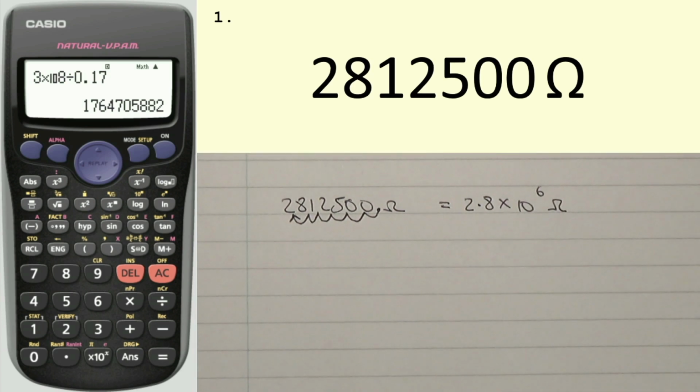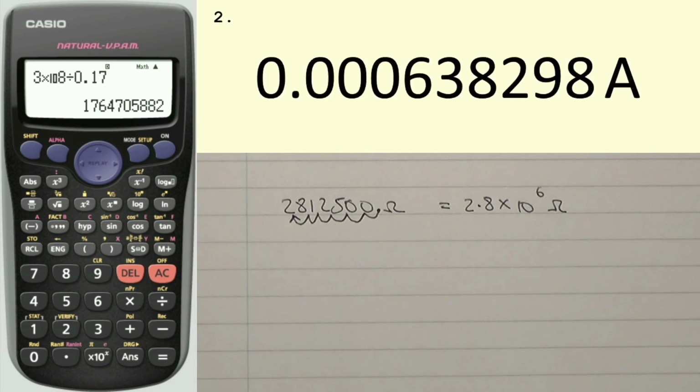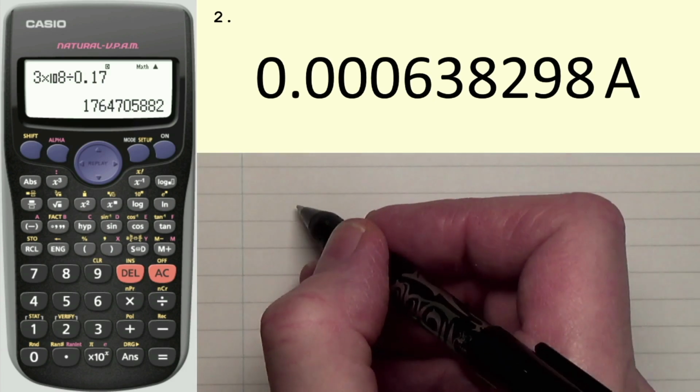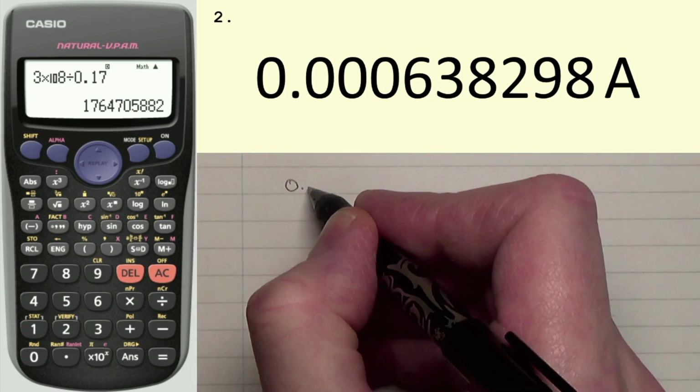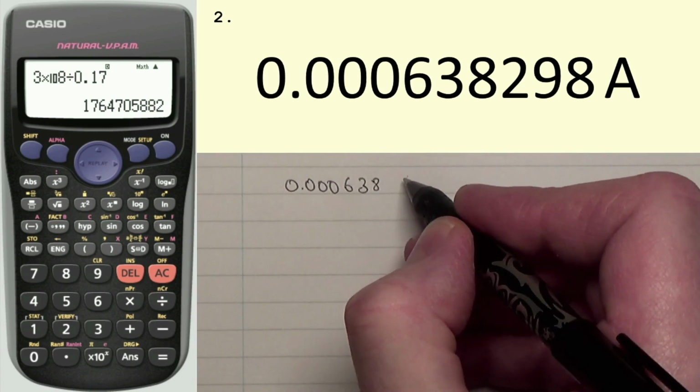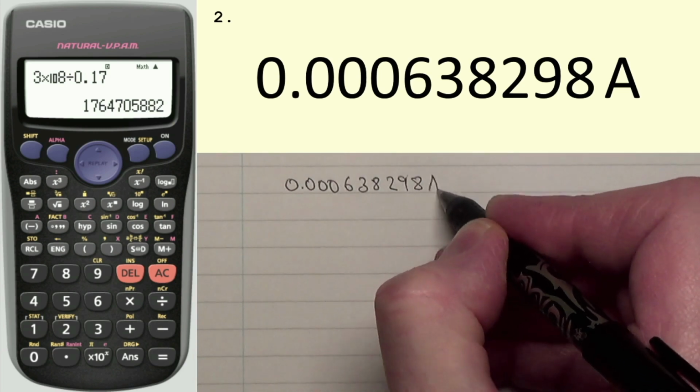Let's look at the second one. The second one is a current, and it's obviously very small, so it would be times 10 to the power of negative something. So I'll write down the number again, move this up slightly, and I have 0.000638298 amps.